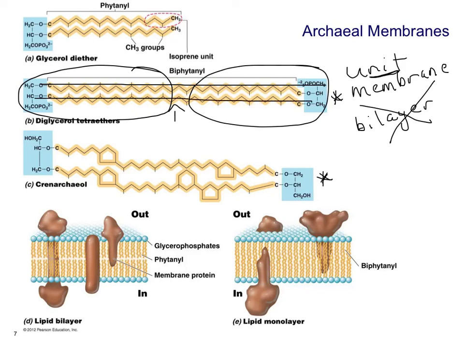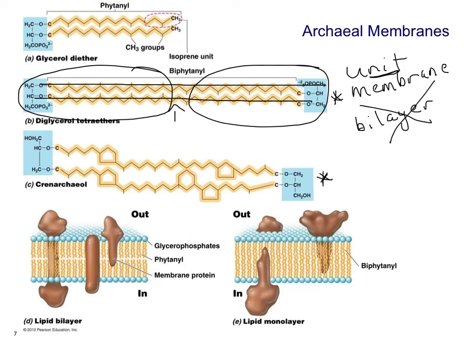Okay, and they're going to be oriented into a membrane-like arrangement, but they're going to be much more rigid because of that connectivity. And that rigidity, that is associated with a unit membrane, allows them to resist becoming overly permeable and entirely dissolving when confronted with extremely high temperatures.